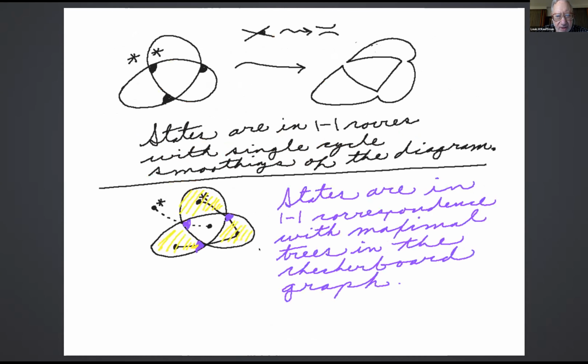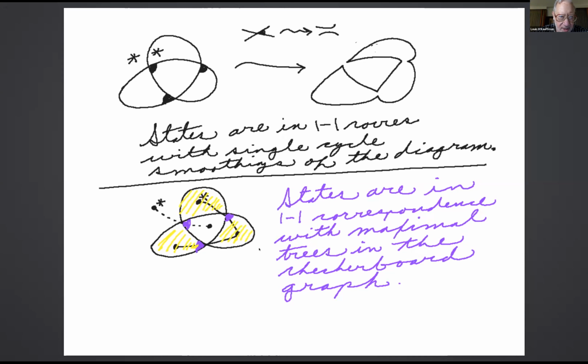Now, the states have an interesting structure, and it's worth mentioning them, and then I'll go on to the kind of generalizations that we're looking at. For one thing, if you smooth all the crossings in the state by using the markers to give an instruction for smoothing the crossing, then you will get one single curve, one single connected curve, what I call a single cycle.